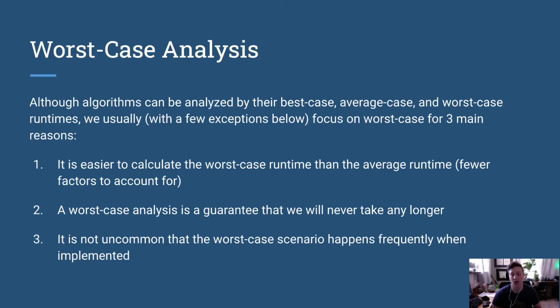So there are some algorithms where your worst case scenario might actually be relatively low probability, and the average case is a good runtime. So for quicksort, for example, worst case scenario is n squared, while average case is n log n, which is a lot better, obviously.